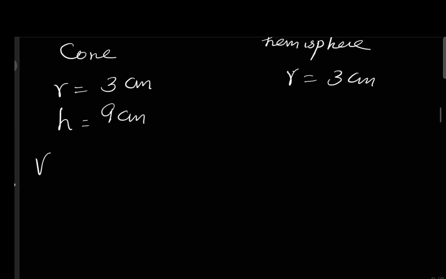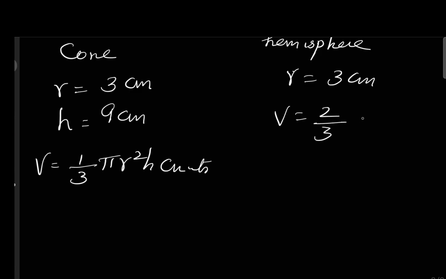So the volume of the cone is 1 by 3 pi r squared h cubic units. The volume of the hemisphere is 2 by 3 pi r cube cubic units.